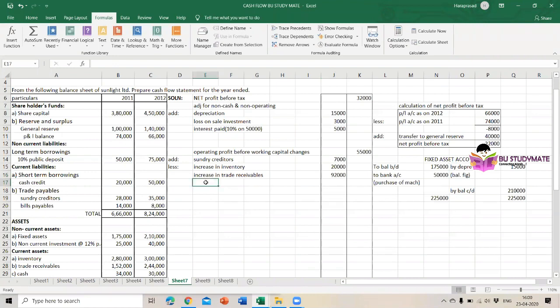Then what all things we have on the liability side? We have bills payable, and creditors we have taken. Bills payable is decreasing from 14,000 to 8,000. How much is this? 6,000 rupees.